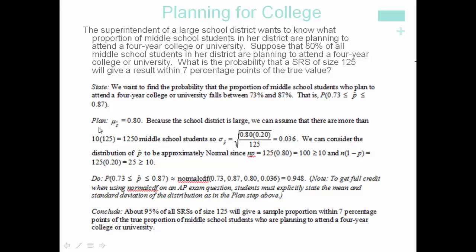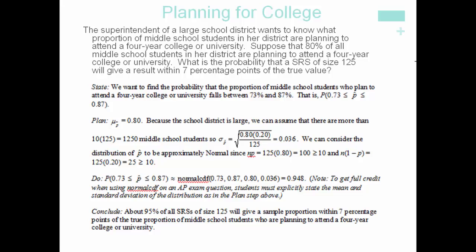Here's our plan. Mu of p hat is 0.80. Because the school district is large, we can assume there are more than 1,250 middle school students. So our standard deviation: we take 0.80 times 0.20, that's p times 1 minus p, over 125, which is the simple random sample size.